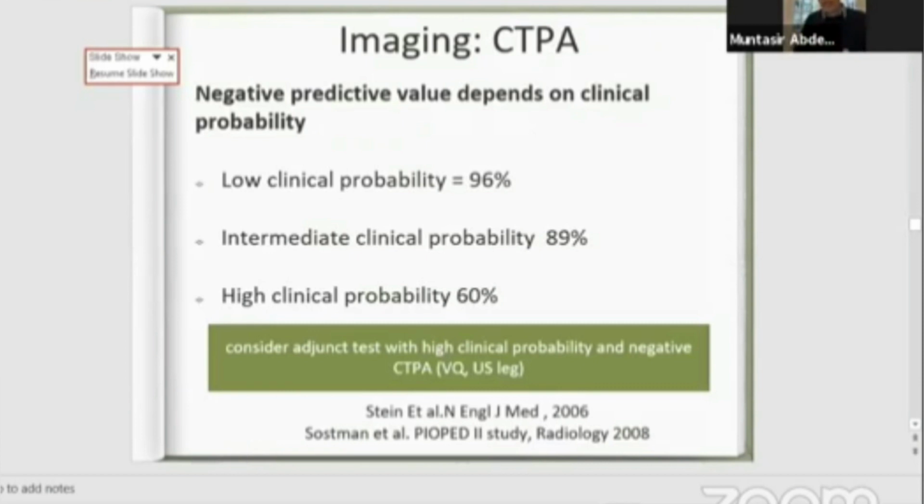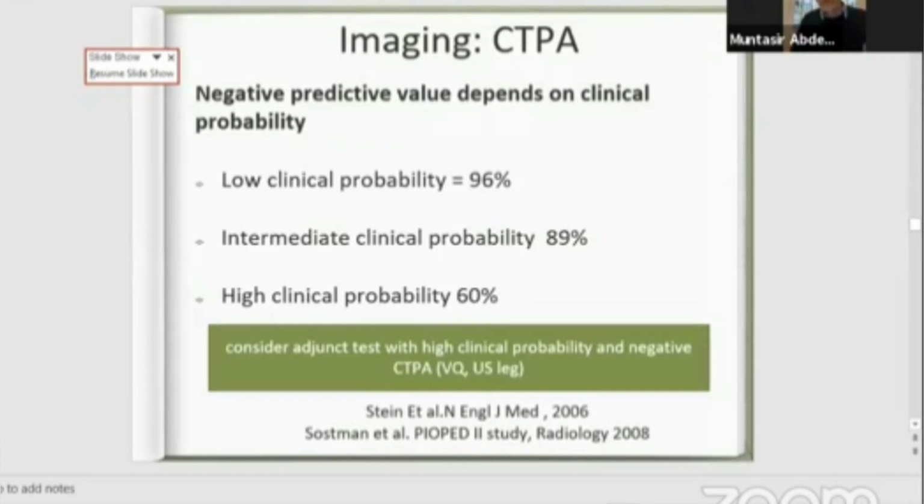Based on that, they felt that we cannot rely on CTPA alone in excluding pulmonary embolism in patients with a very high clinical probability. And it's recommended that if the patient has a high clinical probability and at the same time a negative CTPA, we should do a VQ scan or ultrasound of the leg before excluding pulmonary embolism.